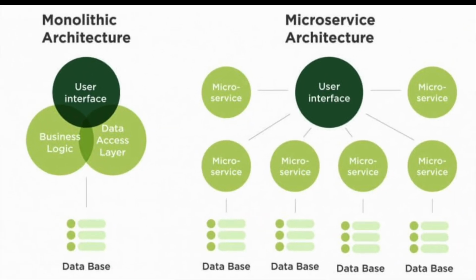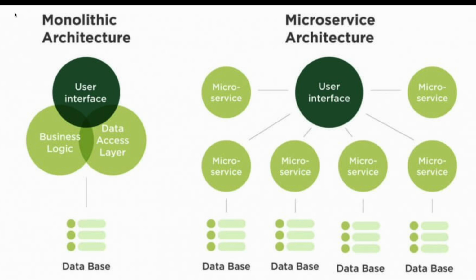So we are going to understand monolithic architecture and microservice architecture with the help of this picture, with the help of this graph. So this is the monolithic architecture. If you want to design any application, you can choose any approach.